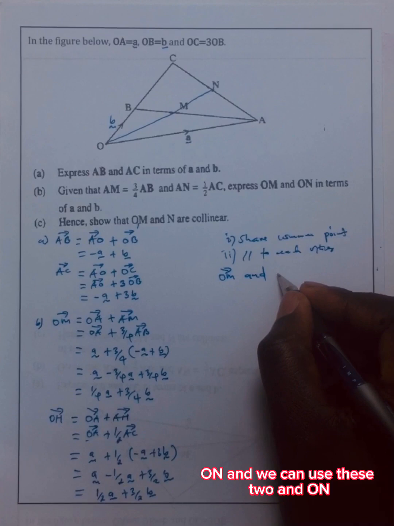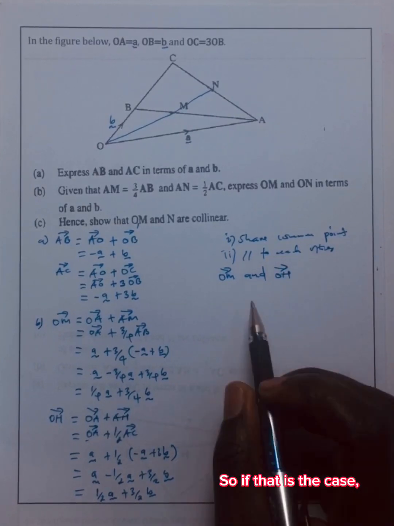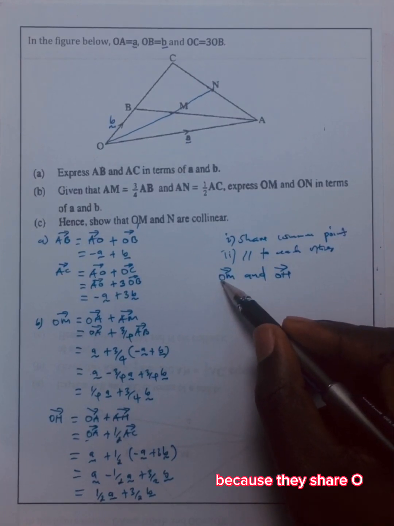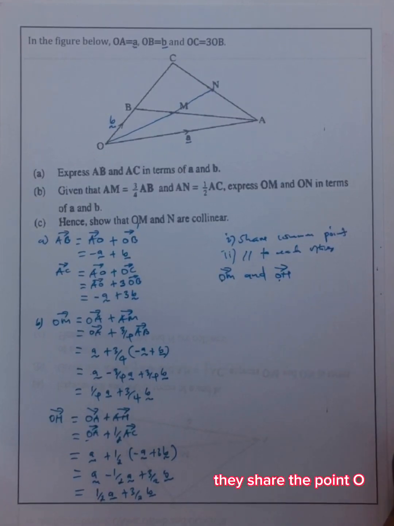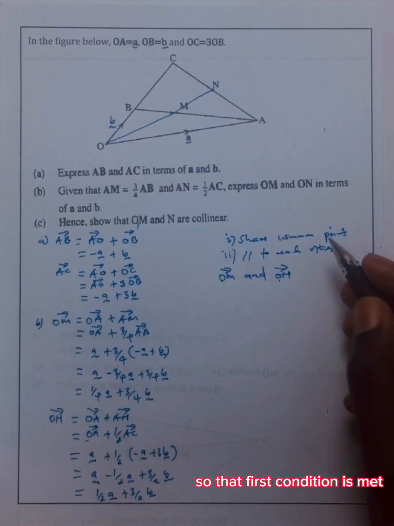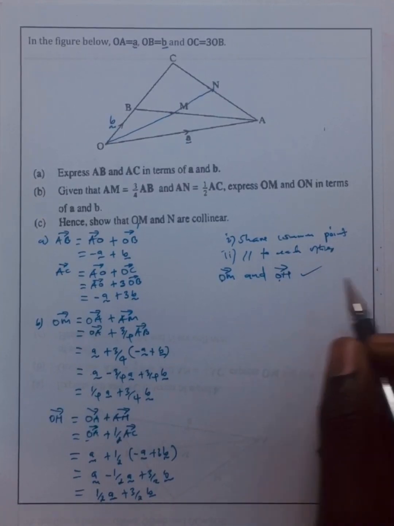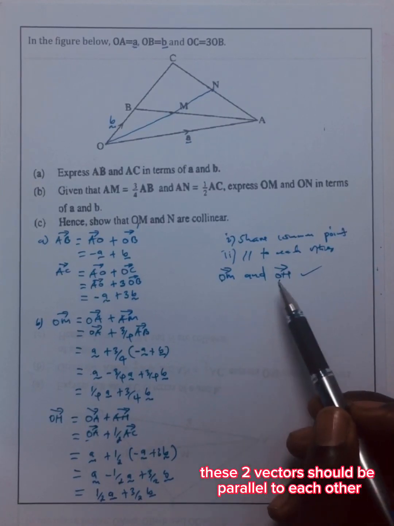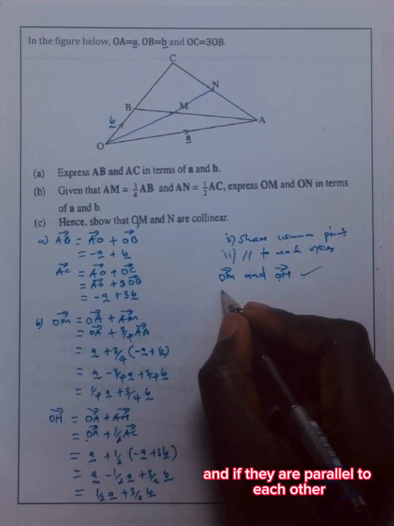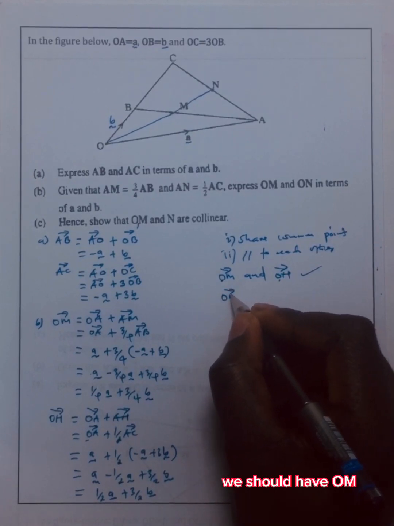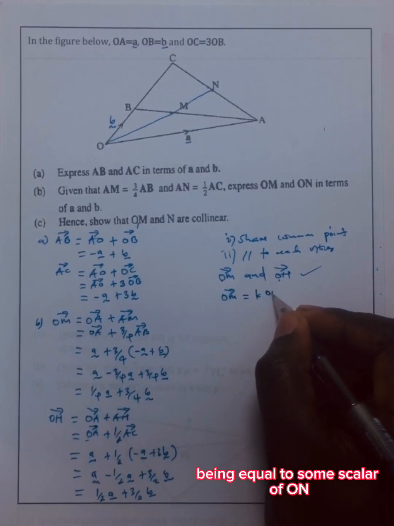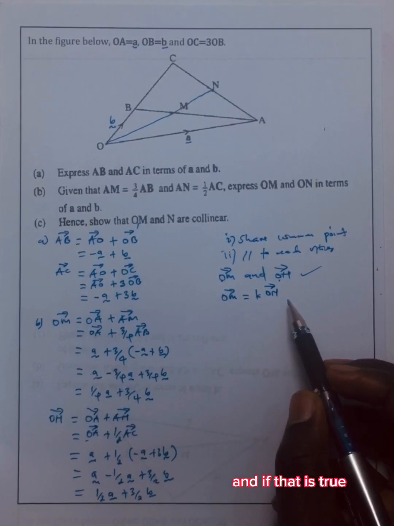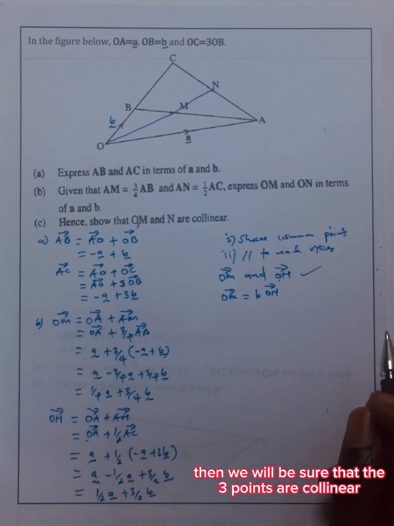If that is the case, the first condition is met because they share the point O. The second condition is that these two vectors should be parallel to each other, and if they're parallel, we should have OM being equal to some scalar of ON. This is what we're going to try to prove, and if that is true, then we will be sure that the 3 points are collinear.